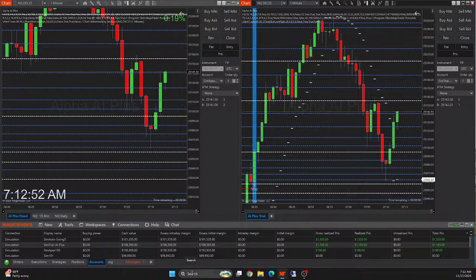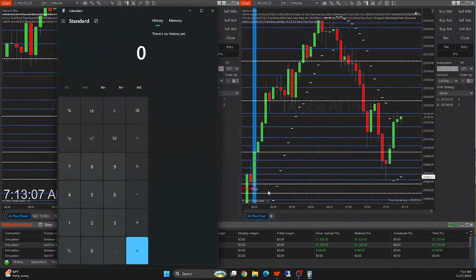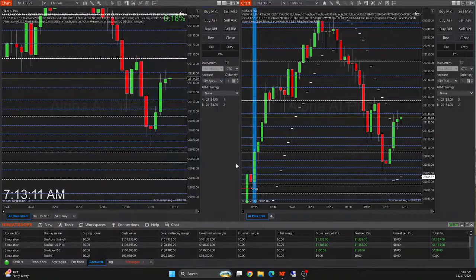So the swing 5, the pre-market template, the best one made now 67 grand with $7,000 drawdown. If you want to reduce risk, you can trade 5 micros.